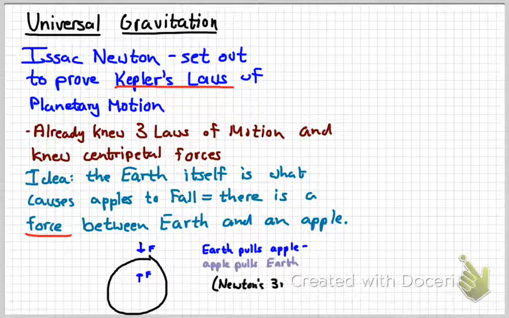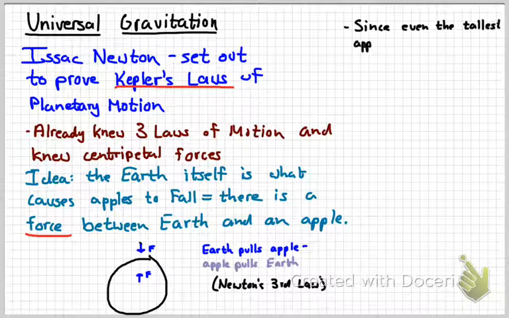In other words, there's a force between the Earth and the apple. So the Earth pulls the apple, the apple pulls the Earth. That's just Newton's third law. So because apples are pulled towards the Earth, his big idea was the Earth is what physically causes the force.